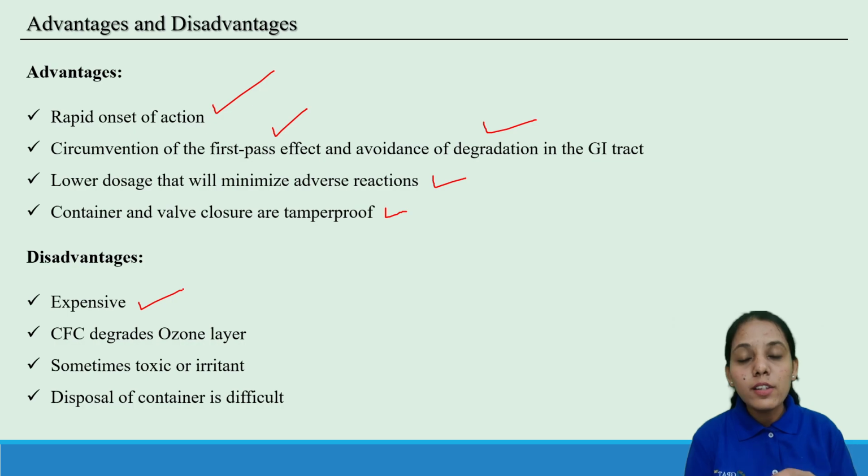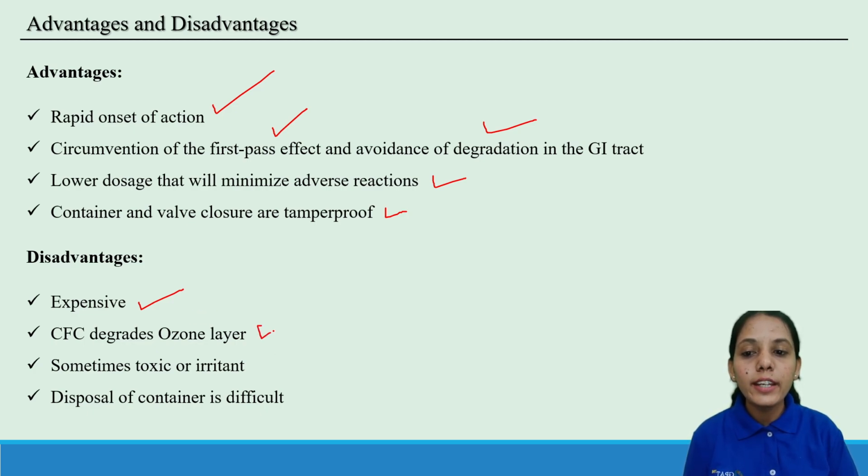Why? Because they have to withstand a higher amount of pressure. We are going to see what the pressure limit is, but these containers have to withstand that much pressure. If pressure is not maintained, then it will not be a liquefied gas. To maintain that liquefied gas, the container has to be a specialized one. So that makes it expensive.